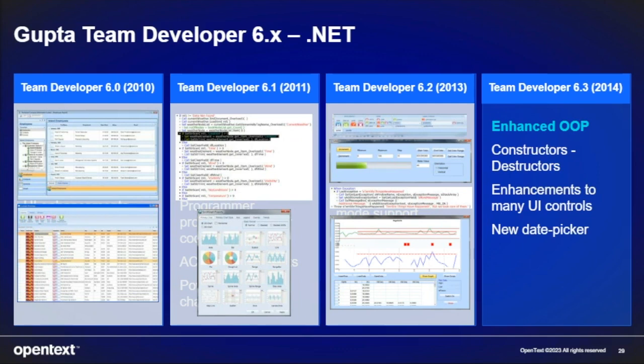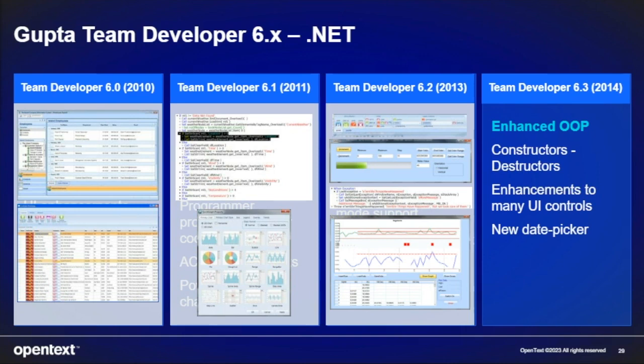In 6.3, we enhanced object-oriented programming. Team Developer was one of the first, if not the first, Windows-based object-oriented programming languages. And with this release, we introduced constructors and destructors so that every control and every class can have your constructor code and destructor code.